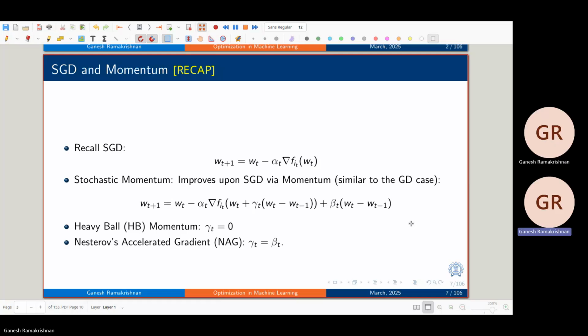We discussed that there are many other variants possible where the gamma_t and the beta_t themselves could be adapted.